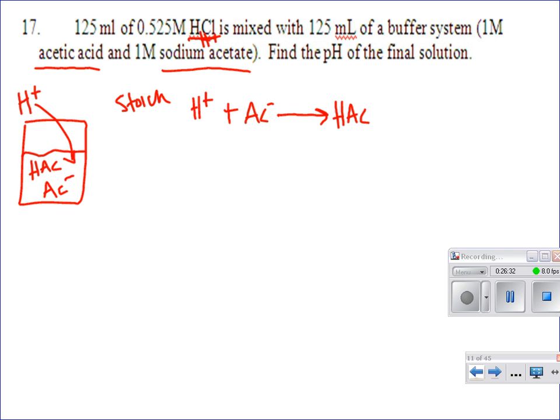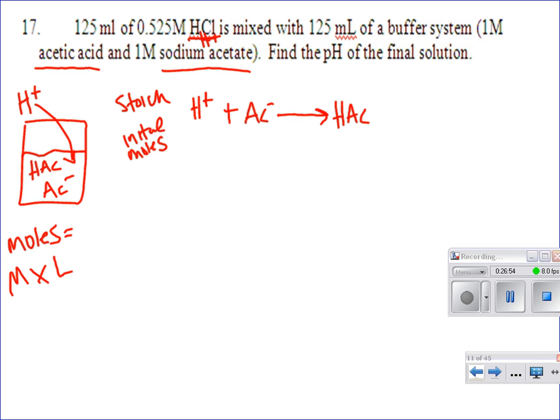Okay, now we start our stoich table. What you're going to do is put in initial moles of everything in the actual given problem. So you're going to get really, really fast at this. To find moles, you always are going to take the molarity times the liters.